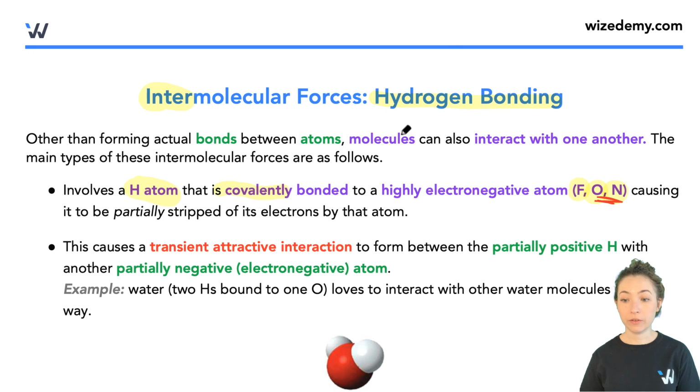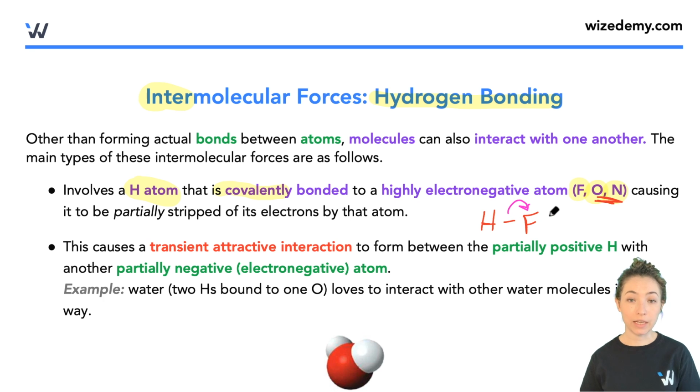Now, because of the differences in electronegativity between hydrogen and any of these three atoms, one of them will become partially positively charged in the bond and the other one partially negatively charged. So let's take hydrogen bound to fluorine, for example. Now, because fluorine is very, very electronegative, much more so than hydrogen, in this covalent bond between the two of them, fluorine is going to pull the electrons that are being shared between the two of them a little more to itself.